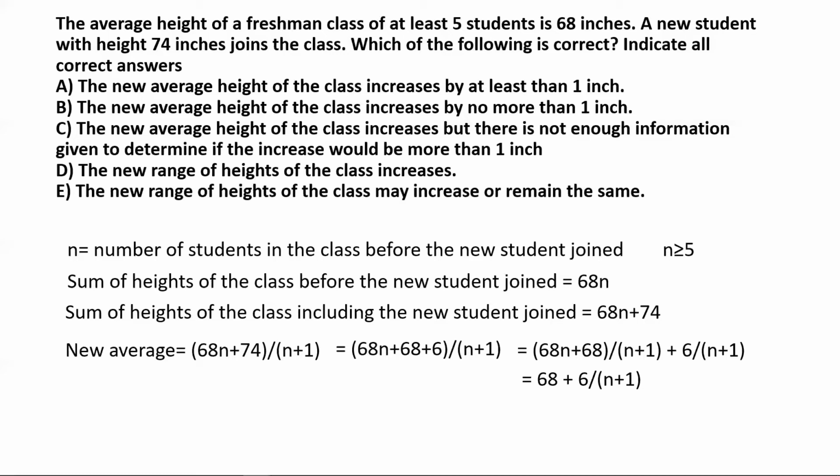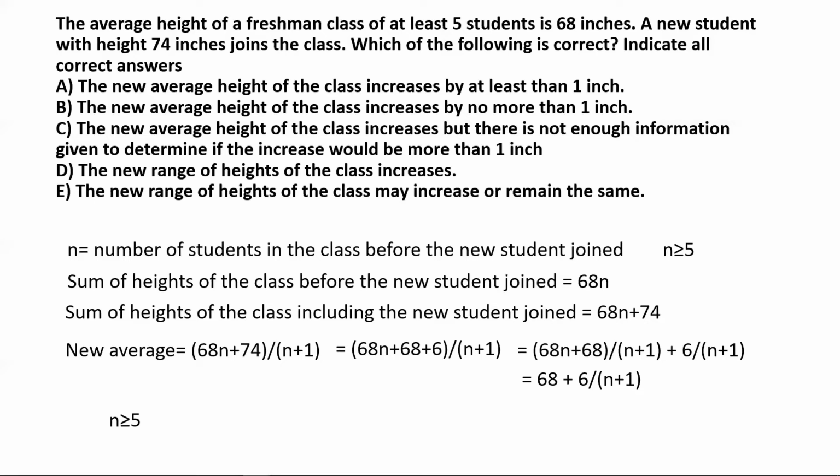But is there enough information given in the problem to make any conclusions on how much that increase is going to be? This is where we start utilizing the inequality that's given, that n is at least 5. So that becomes important for this part.